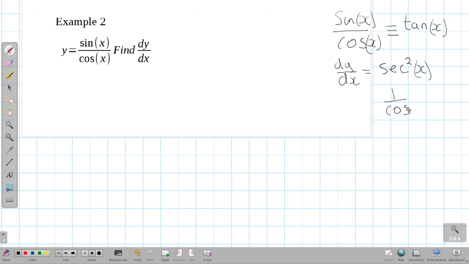Obviously sec x squared just means that this is squared, like that. So that's identical to that. More on that to come. Let me just move things up slightly.